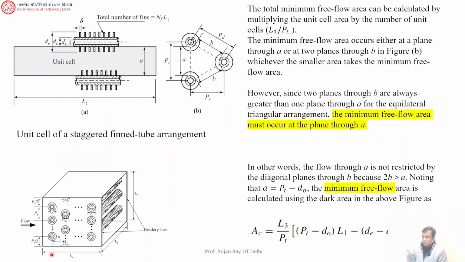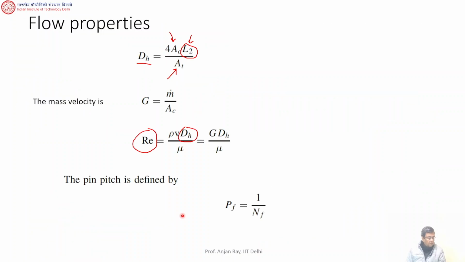Here we don't use L1. L1 is this dimension. But when it comes to the wetted perimeter sort of thing, you will have to use L2 because the flow goes like this. It keeps seeing these rows of tubes. Okay, so that's the hydraulic diameter.